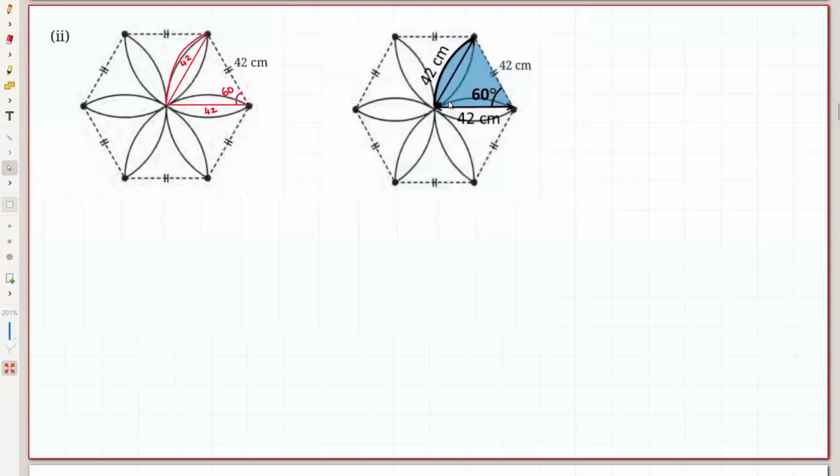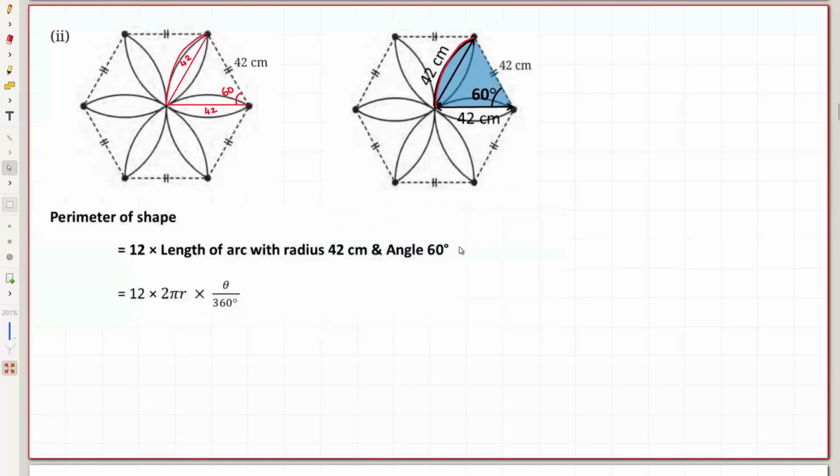So I'm just taking only this portion. Each angle is 60 degree, as this is an equilateral triangle. I'm going to focus first only on the length of this arc, and multiply with 12.